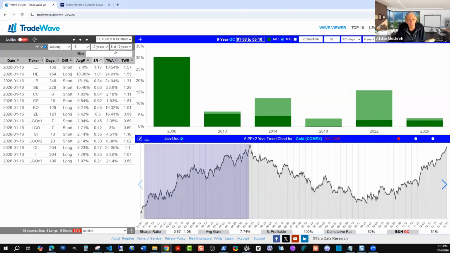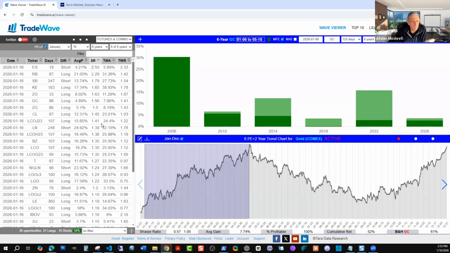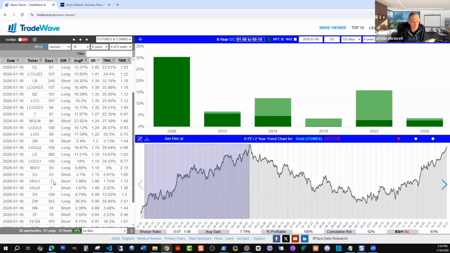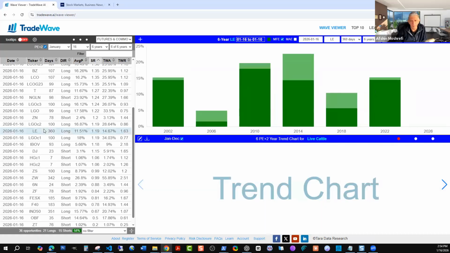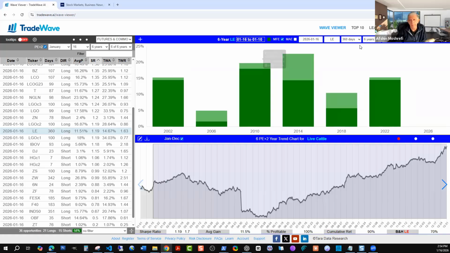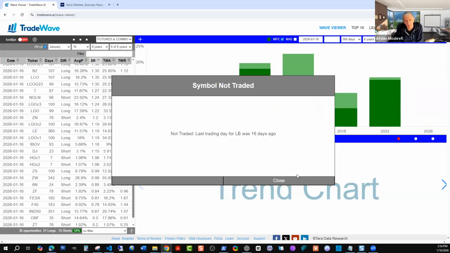I just switched to 8 of 10. Also, if I switch to last 6 midterm election years, I get much longer list based on where we have data. Something I look at quite a bit.